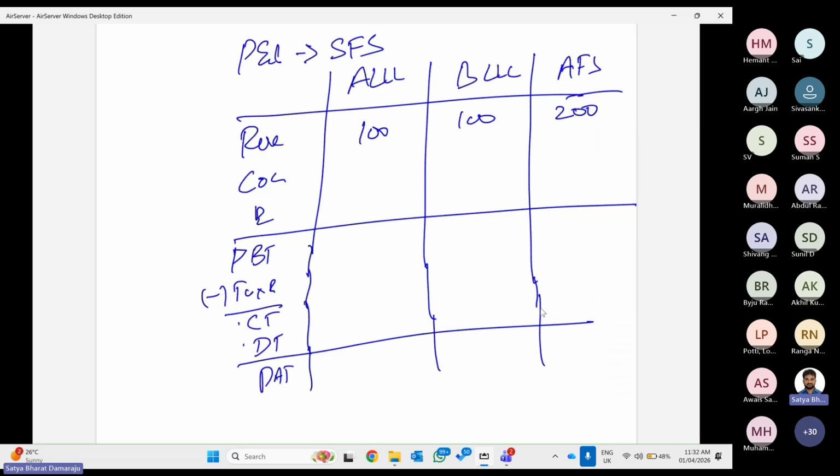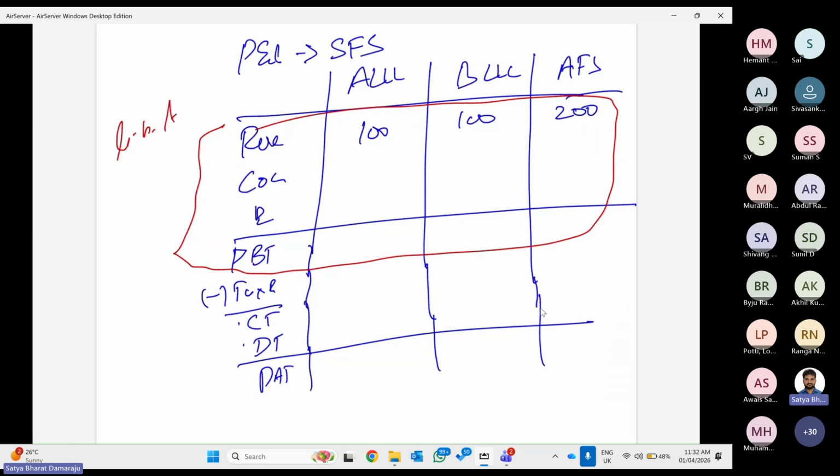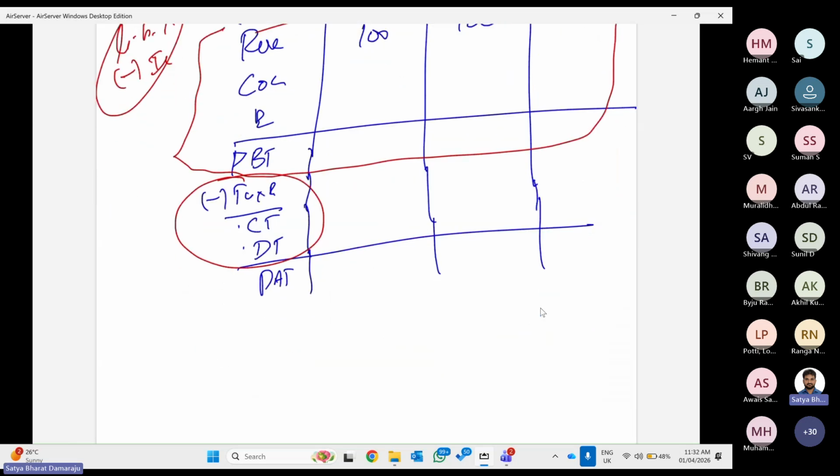This is how we present for the CFS. But for the AFS, till this portion is okay. You can do the line-by-line aggregation, less eliminations. If there is any income between intra-group transactions, you eliminate. Good to go. But for this portion, be careful. When you aggregate the tax expenses, first remove any UAE corporate tax related expenses, be it current tax or deferred tax.